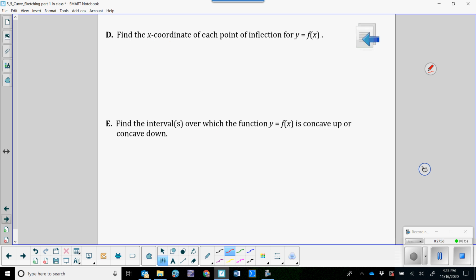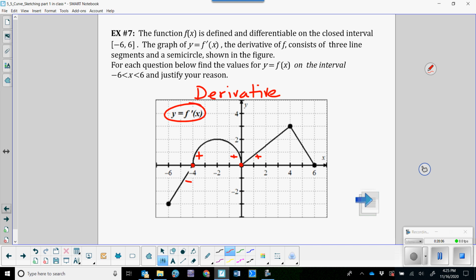D says find the coordinates of each point of inflection. So this is the derivative. You're going to have a point of inflection if this graph changes from increasing to decreasing or decreasing to increasing, because this is f prime. So at 4, certainly, f prime changes from increasing to decreasing. Okay, so there's a point of inflection.